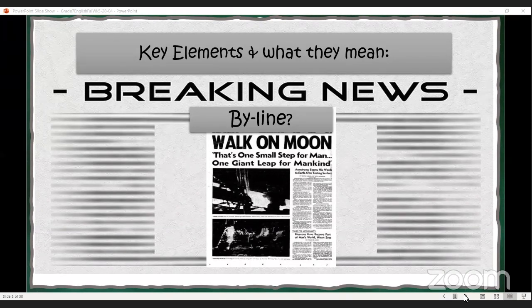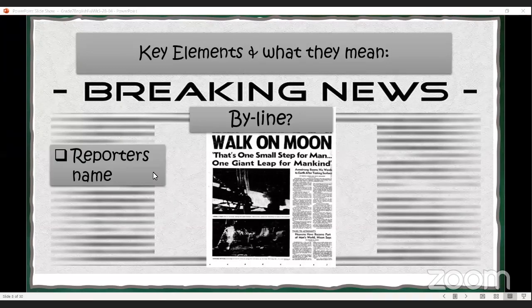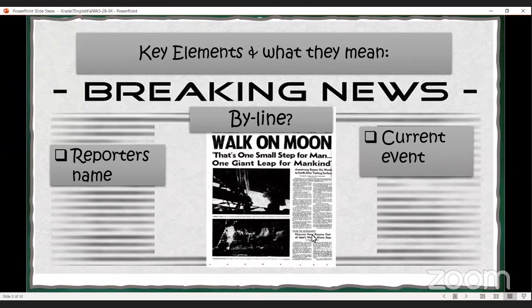Okay, so your byline is your reporter's name. Where you see the reporter's name, that's your byline. And it's a current event. So where is the reporter's name and where is the current event?